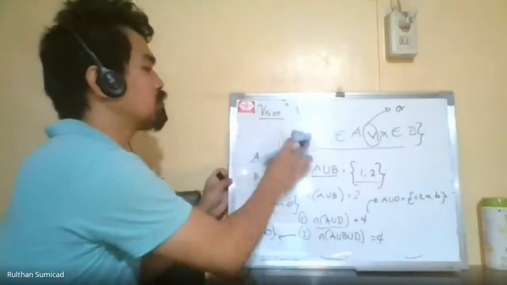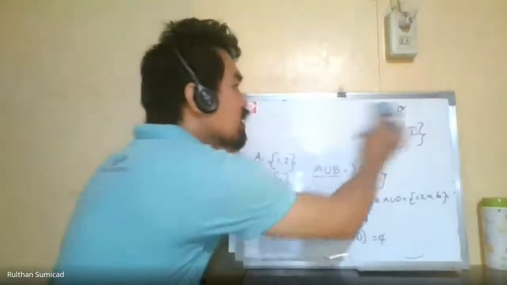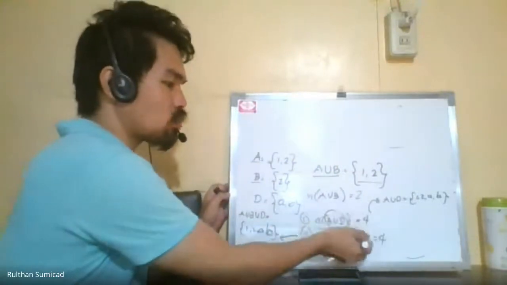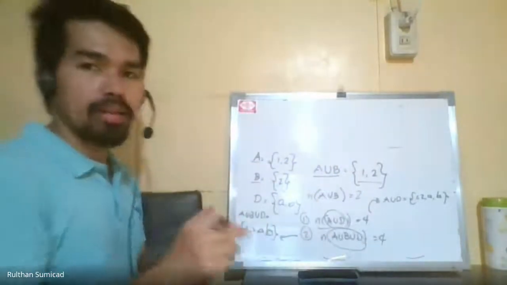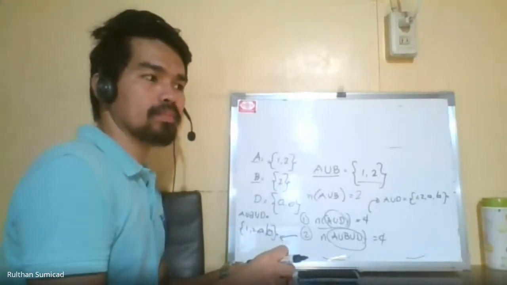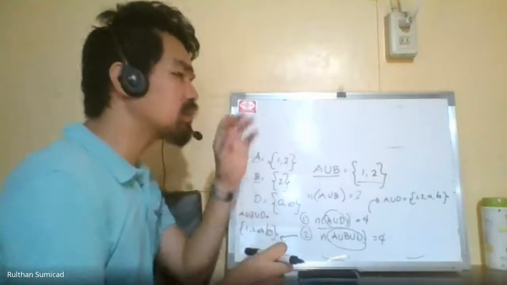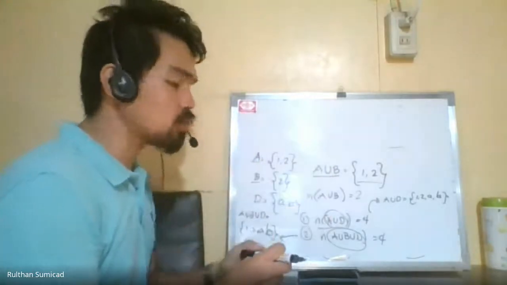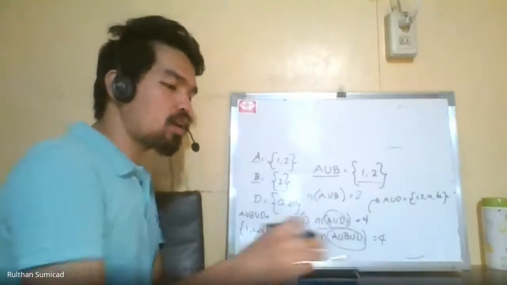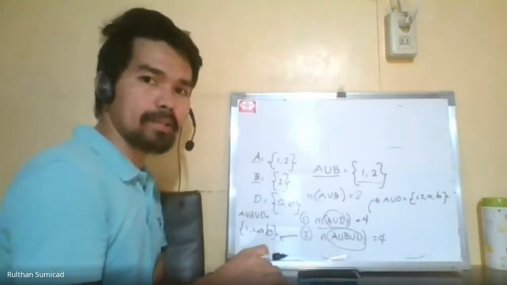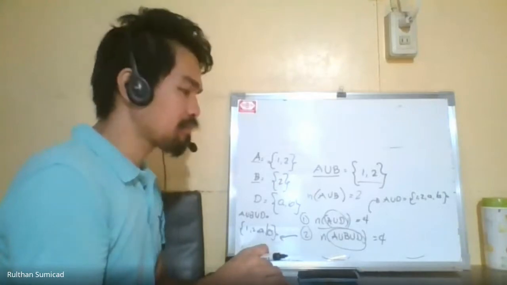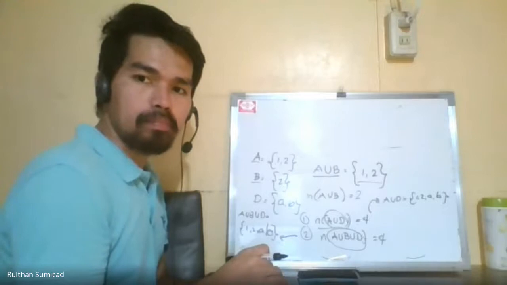If I'm going to ask you, what can you say about the two sets, this set and this one? What are the things that you can conclude about the two compound sets? We call them compound because it's already a combination of two or more sets where operations were applied.